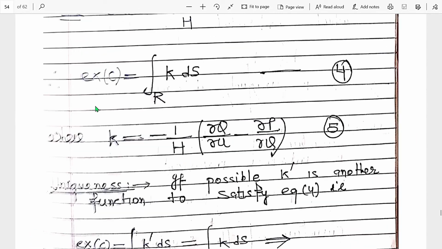That is the Gauss-Bonnet theorem, in which the excess of the curve can be found as the integration of capital K into ds. What is capital K? It is the Gaussian curvature. And this integration is the total curvature of this connected region.